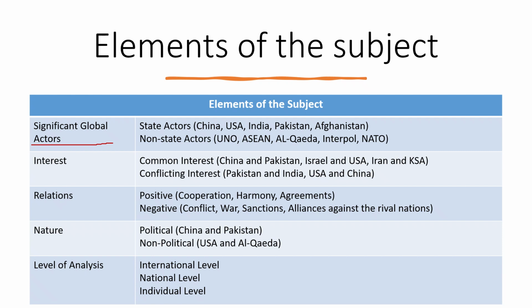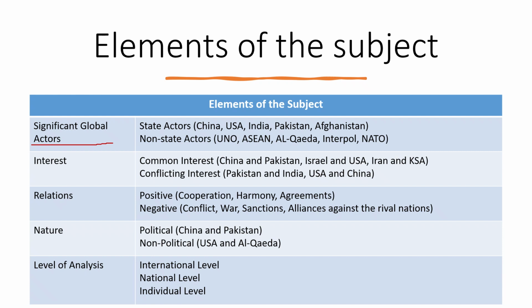A global actor plays a role in the processes of the world, okay? And this actor is significant. Whatever this actor does creates an impact on the world and all the processes of the world. The global actors are further divided into two. First, we have state actors.